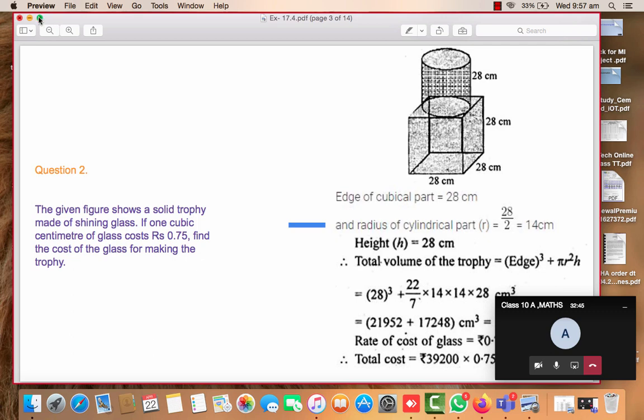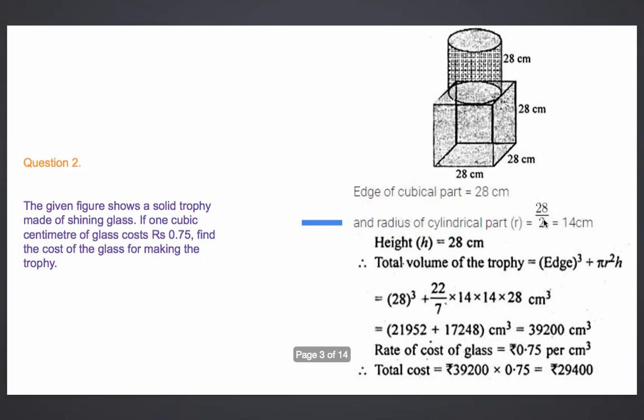Now that I know the radius and height, again the cylinder formula. What is the formula for the volume of a cylinder? Pi r square h. For the cube, what is the formula for volume? Side cube, a cube. Adding the 2, I'll get the total volume of the trophy. Once I get that, I can talk about the cost.